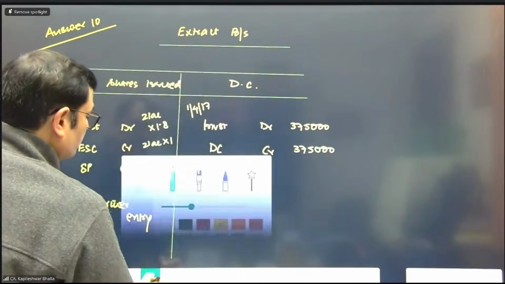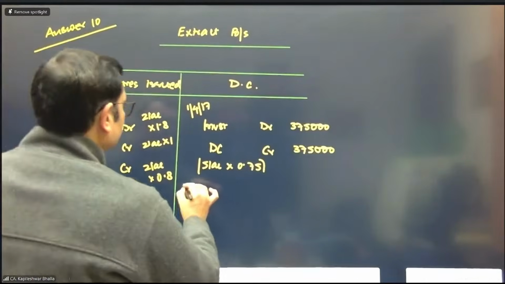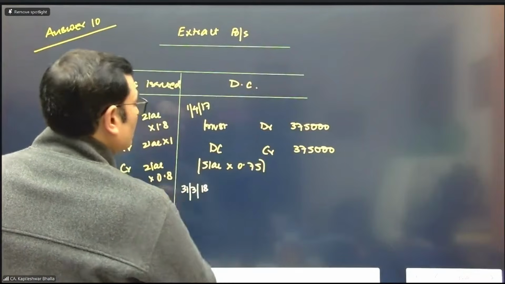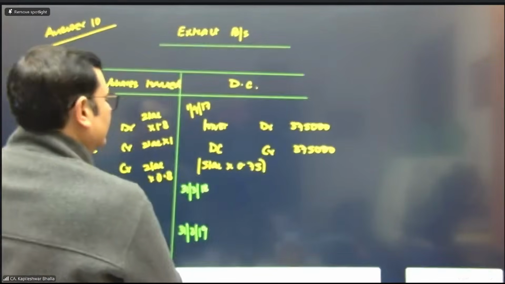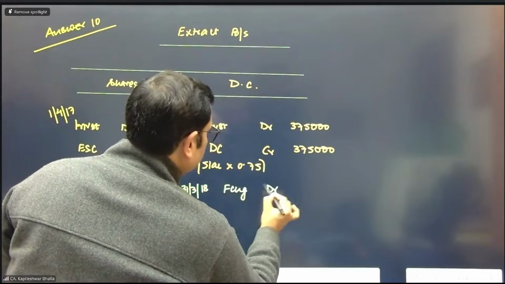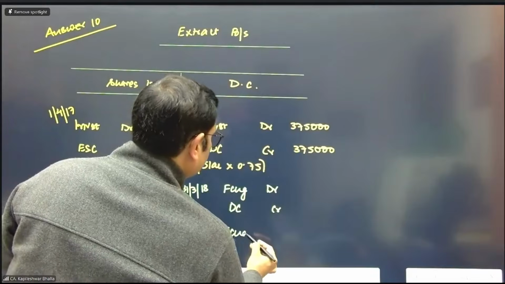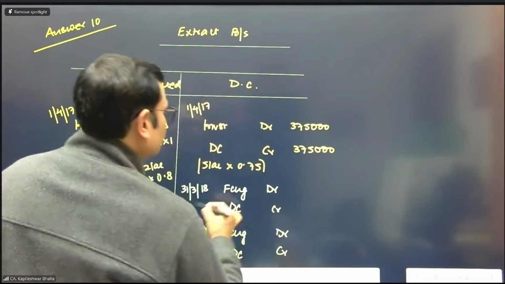Any consequential impacts of this entry over the next 2 years? Yes. That's right. On March 18, unwinding, and on March 19, also unwinding. So the entry would have been finance charge debit and DC credit. And even in the next year, finance charge debit and DC credit.